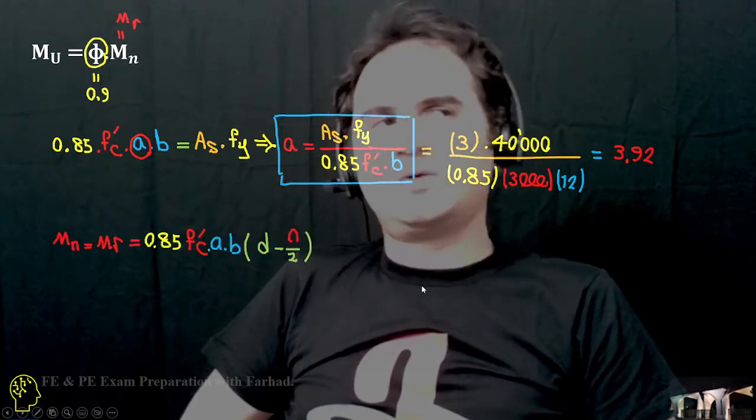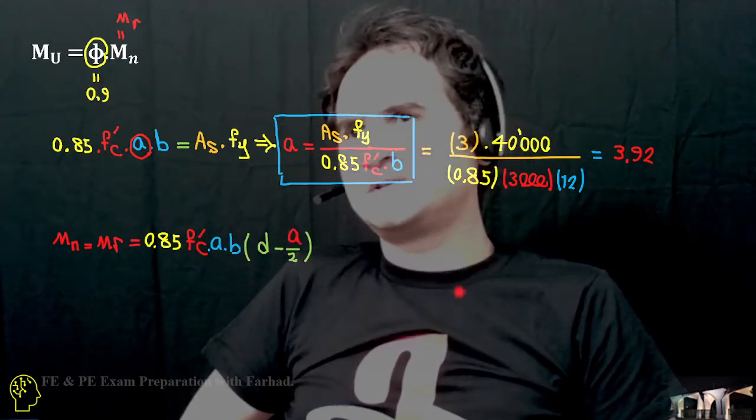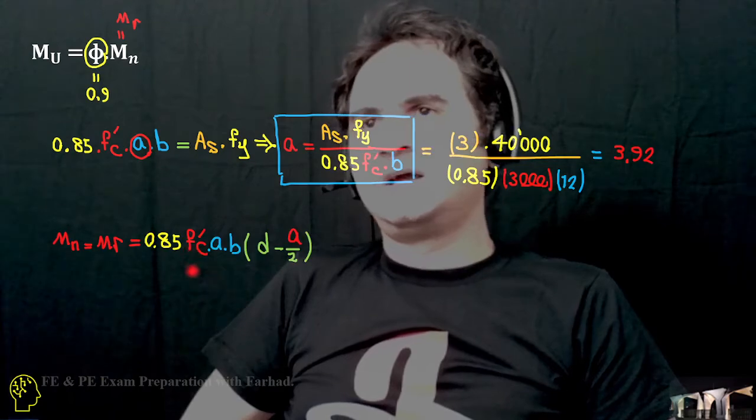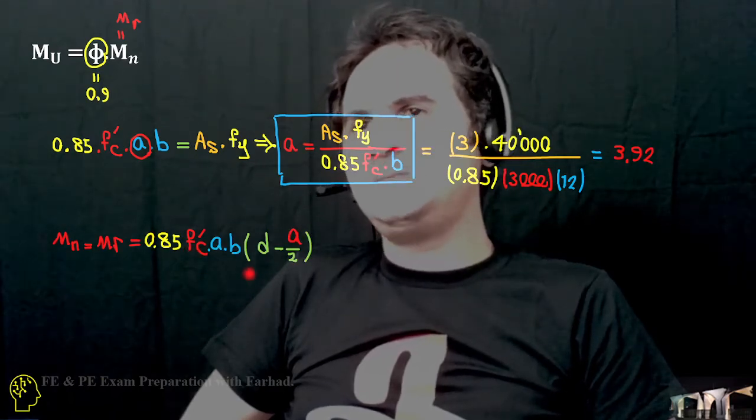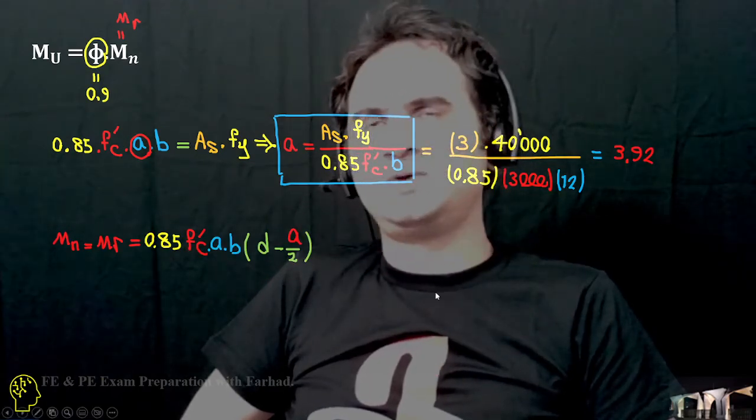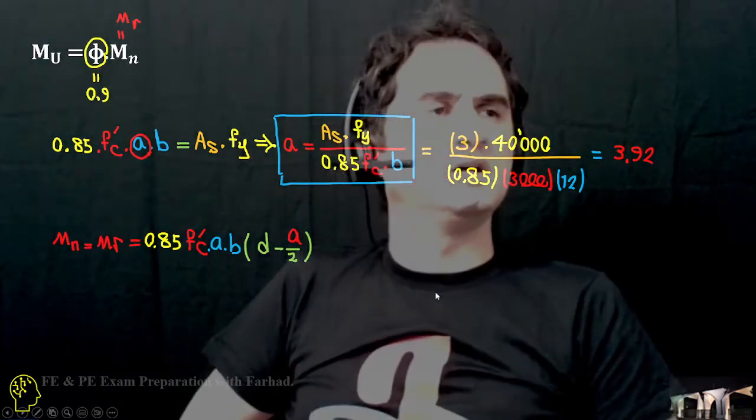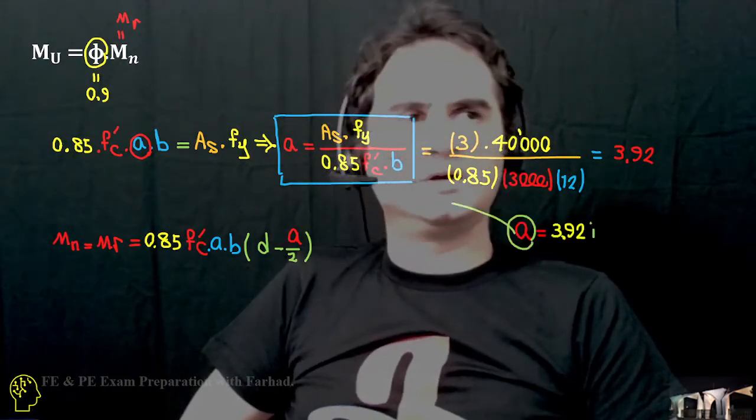So Mn, the nominal or resistant moment, is 0.85 f'c a b times d minus a over 2, again based on the Whitney stress distribution.